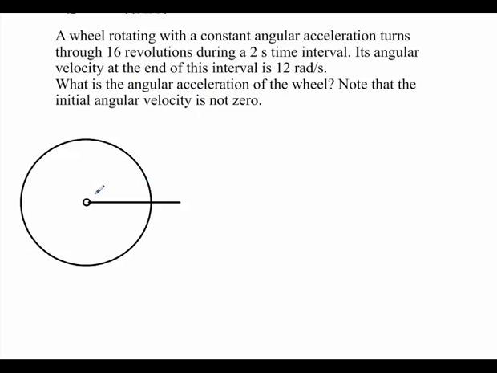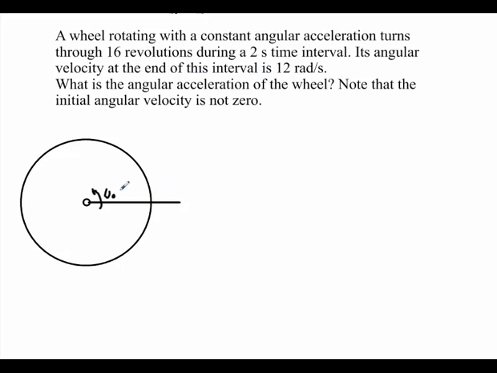Alright, so we're going to demonstrate what's going on in this picture here. I know this value here, which is omega naught, the initial, we don't know what that is. At some point in time, it's going to go around 16 revolutions. Its angular velocity at the end of this time interval is going to be 12.